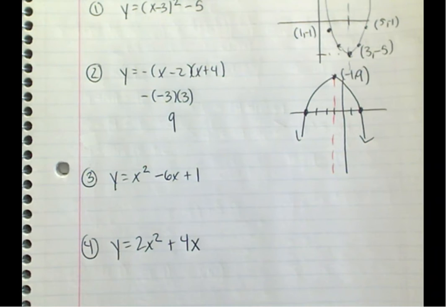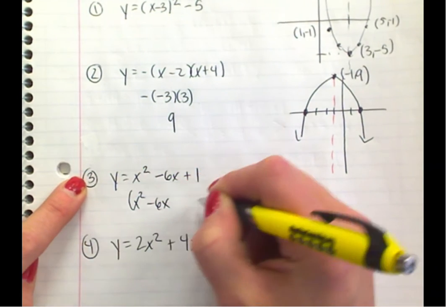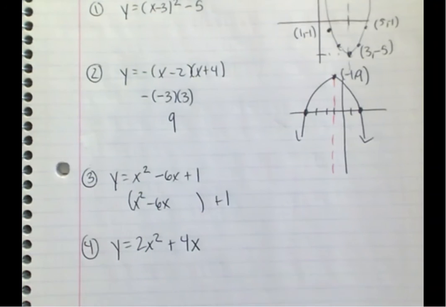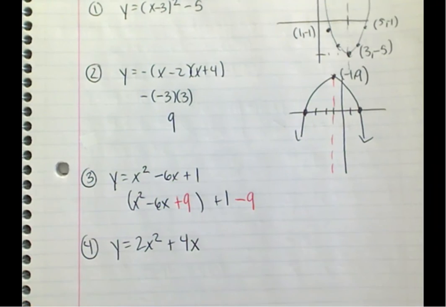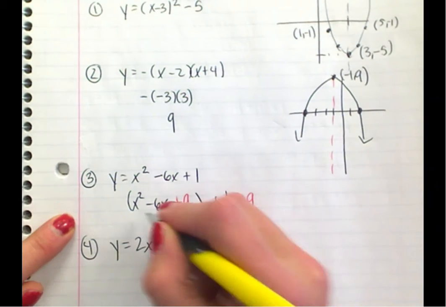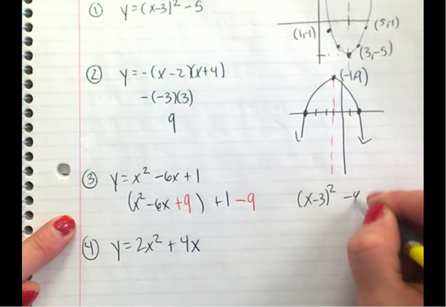Okay. Number 3 is, I super encourage you to get good at completing the square. It's very, very useful, and in the long run, it has fewer fractions than the other formats. So that leaves me with x minus 3 squared minus 8.